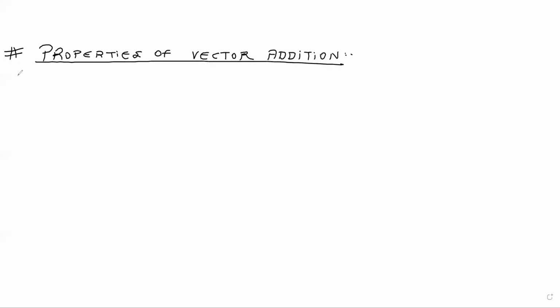So property 1 is called the commutative property.